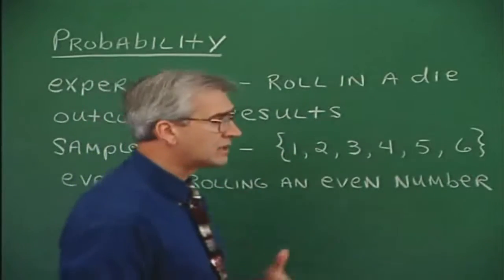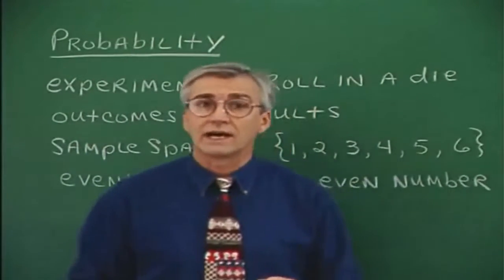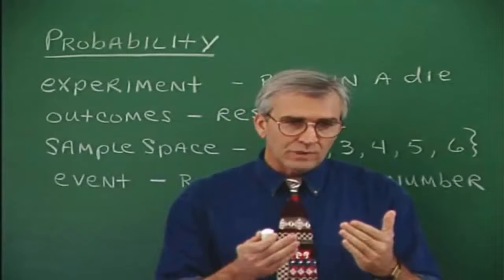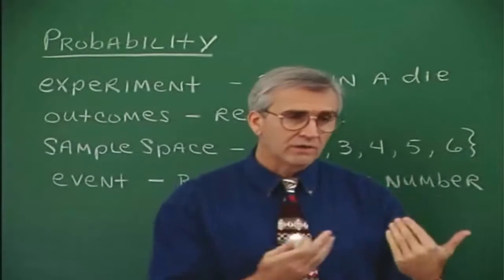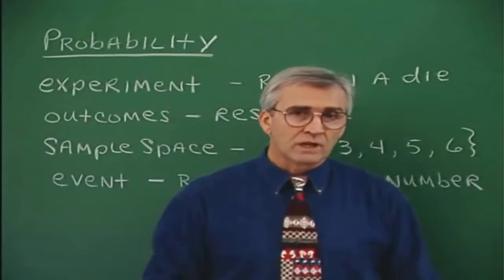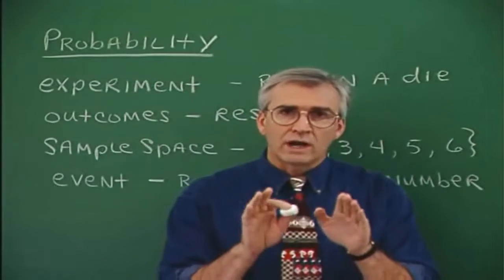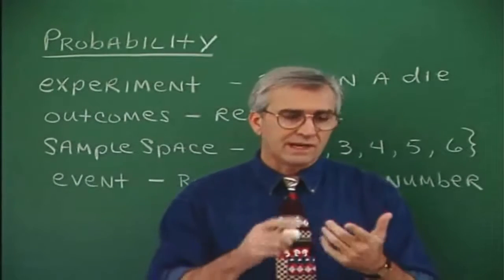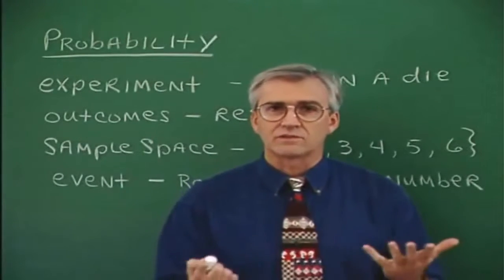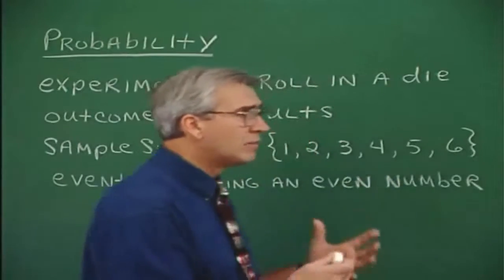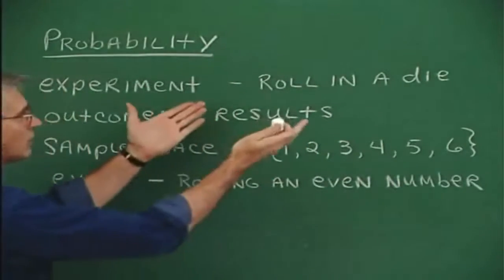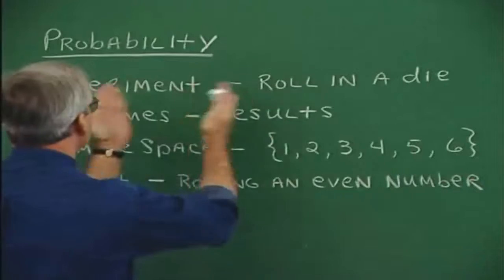A die has 6 sides, and we'll be talking about a 6-sided die as we discuss it here. The 6 faces have a 1, a 2, a 3, a 4, a 5, and a 6, as you probably already know. But the result of rolling the die, we don't know, but that's the experiment.